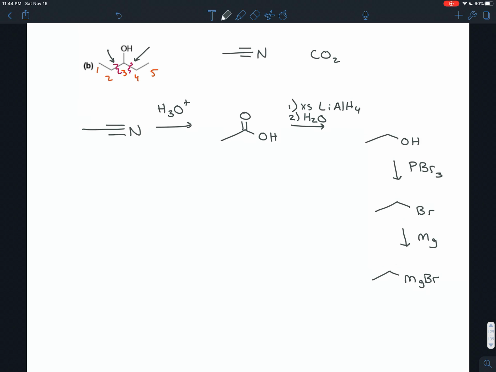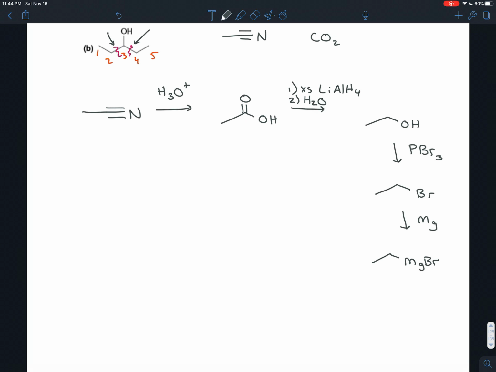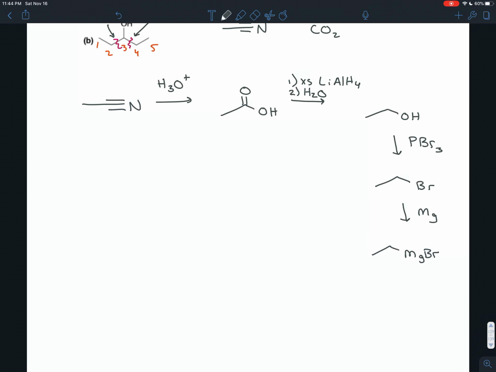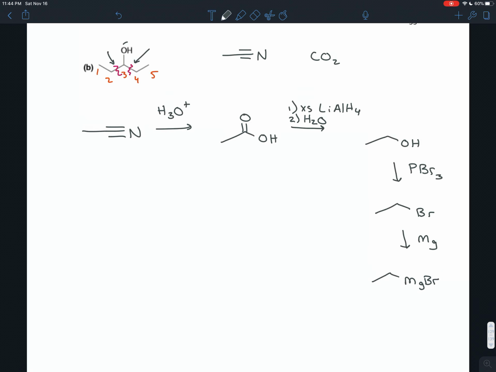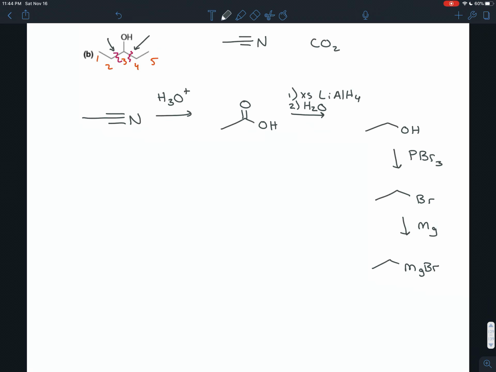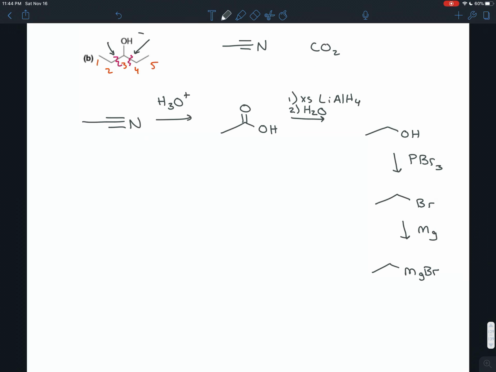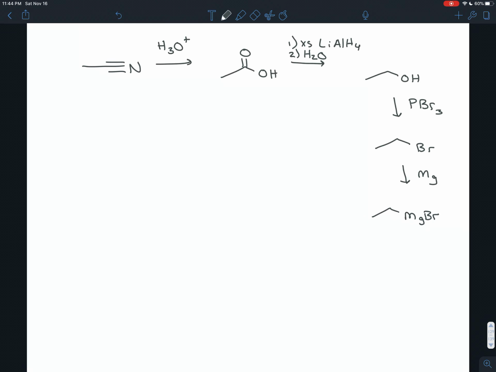Okay, what's different here is what we want this Grignard reagent to react with. At first, we just want to add one carbon, and we can do that by reacting the Grignard reagent with carbon dioxide. That will give us our 3-carbon piece.